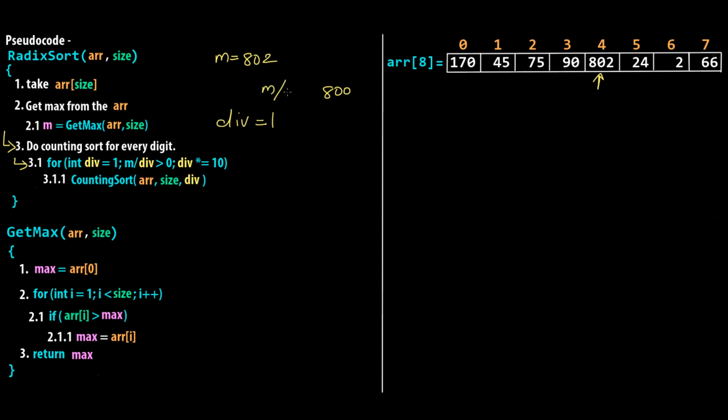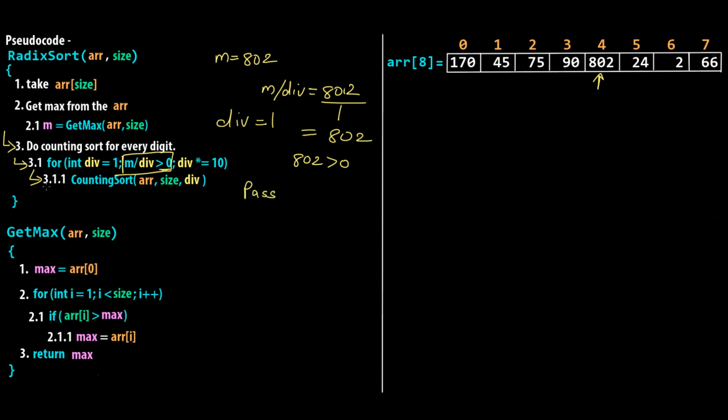So m divided by div is 802 divided by 1, because div is 1 the first time. Now this is obviously going to be 802. Now is 802 greater than 0? This is the condition part. So 802 is obviously greater than 0, so we will go inside the for loop. So this is pass 1.